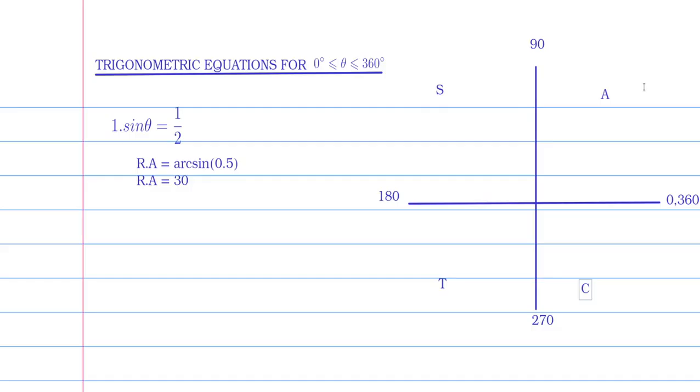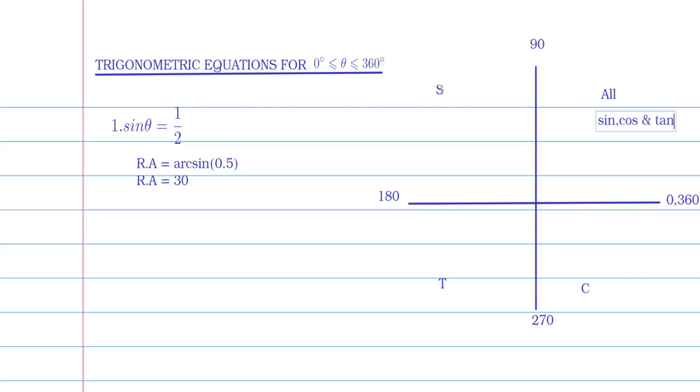Now, what does this mean? This is all. This means that all the trigonometric ratios, that is the sine, the cosine, and the tangent, are positive in the first quadrant.